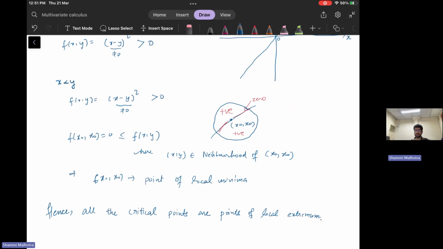So whenever our second derivative test fails, what we try to do is see the function manually and try to see whether we have a point of extrema, or it's a saddle point.